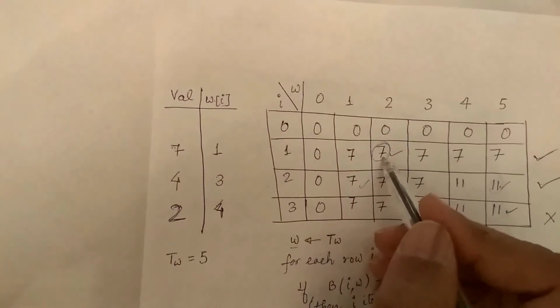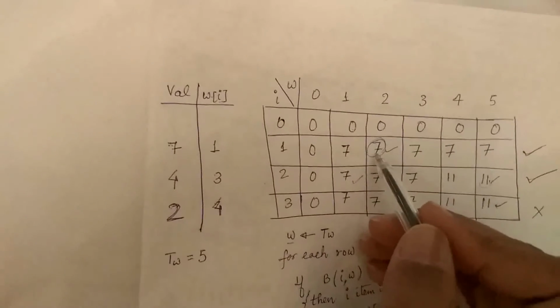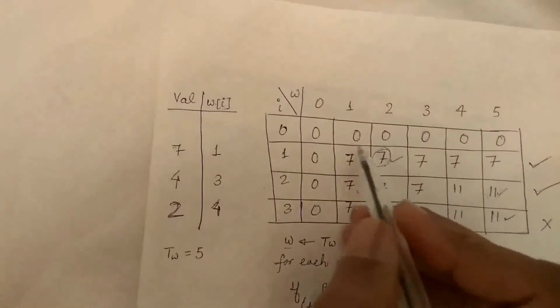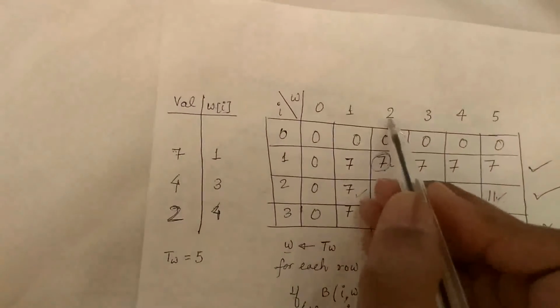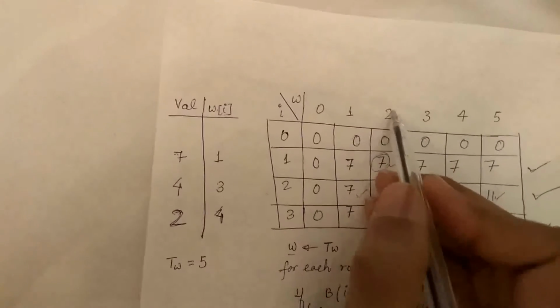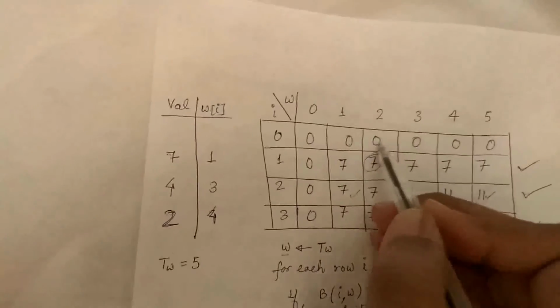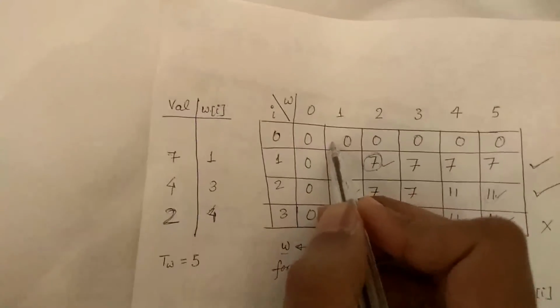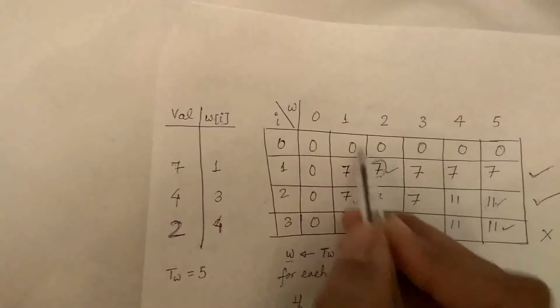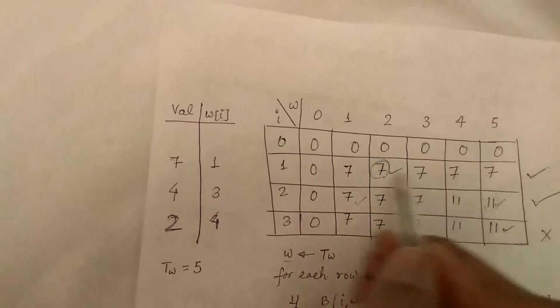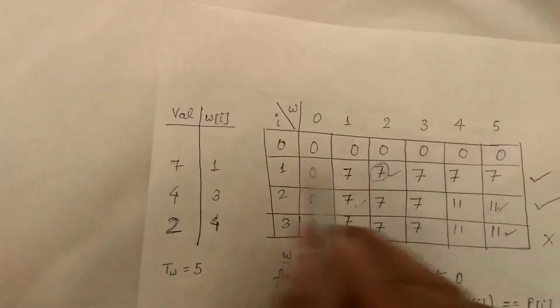Now here we'll again follow the same rule. What is the weight here? 1. And the current weight W is 2. 2 minus 1 is 1. In the previous row, 1 gives 7 minus 0, which is 7. And what is the price here? 7, so 7 equals 7.